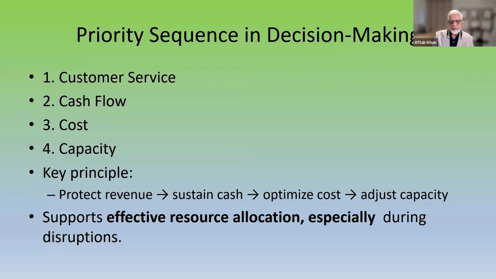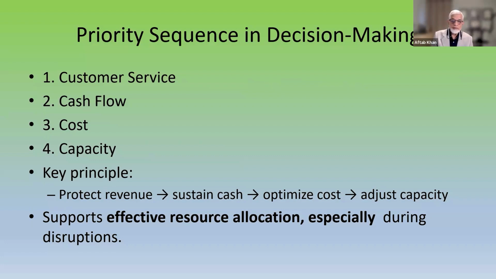Decision making comes to a point when you have a constraint. Your first focus will be customer service. That drives cash flow. Then you can look at cost and capacity. Normally, capacity is the constraint, and that also requires cash flow to be able to get new capacity, hire new people, and get more equipment.